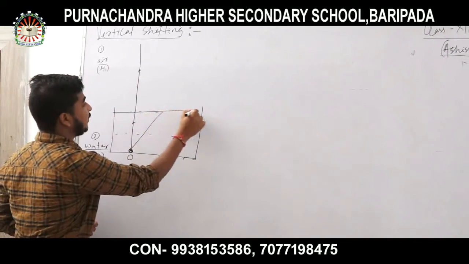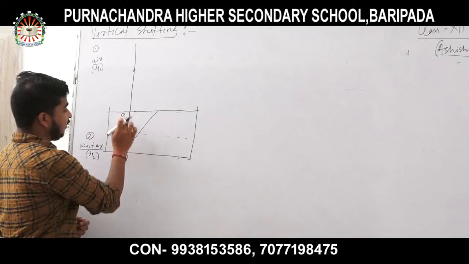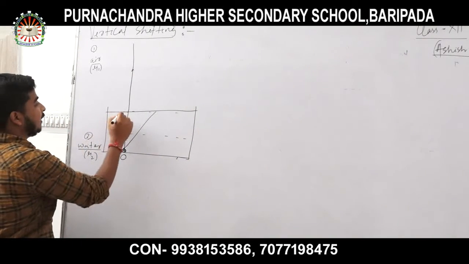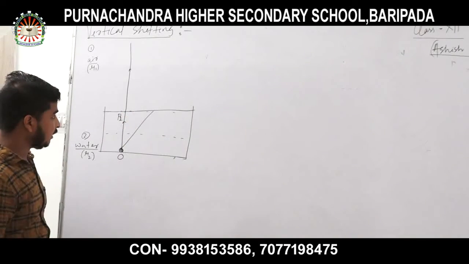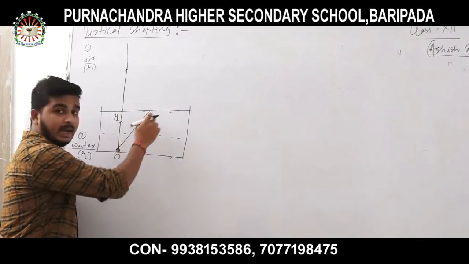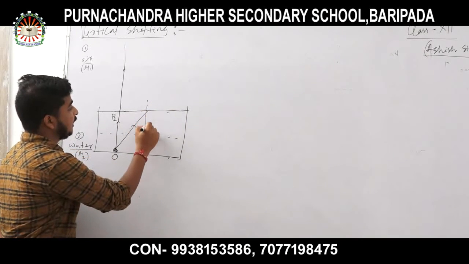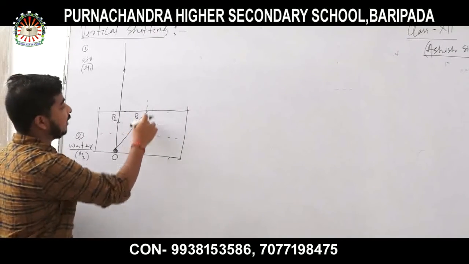Suppose this is the interface. This is point O1, I have given here O. Let's name it P1. Suppose this is a ray of light going slantedly and incident at point P2. This is the normal drawn here.